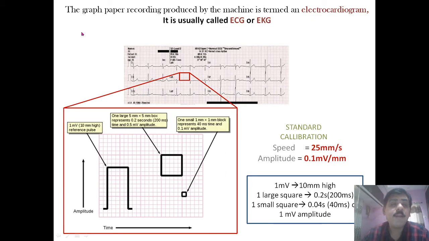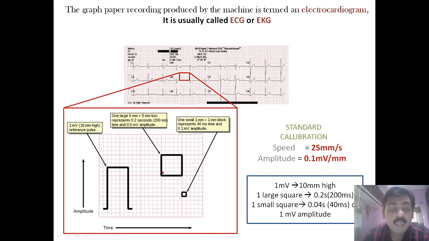The graph paper recording produced by the machine is termed the electrocardiogram. It is usually called an ECG, or it is also called an EKG. And here, this is a reference pulse. One large 5 mm by 5 mm box represents 0.2 seconds.